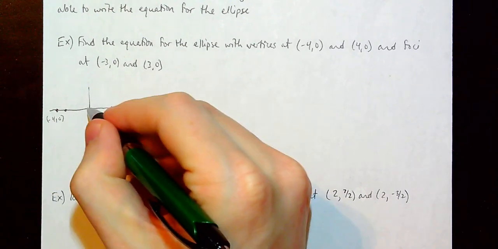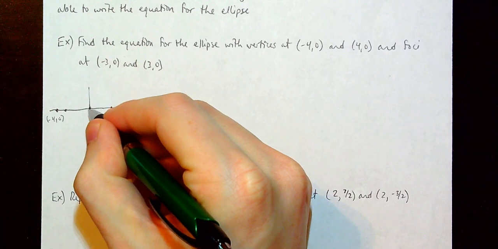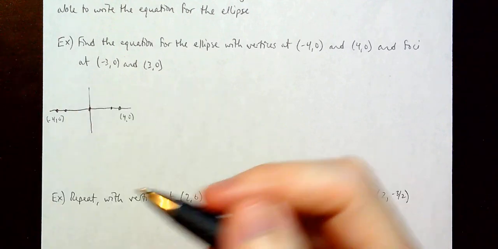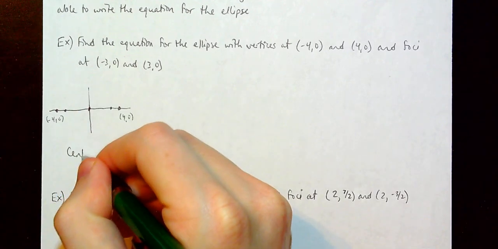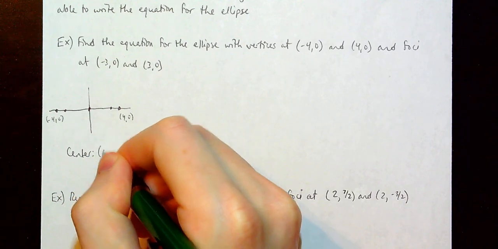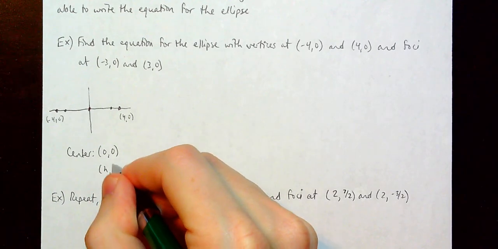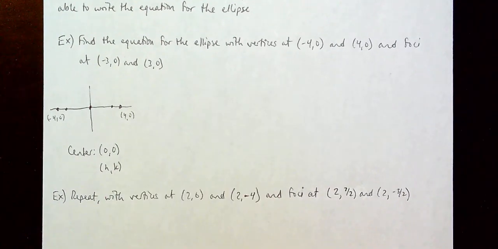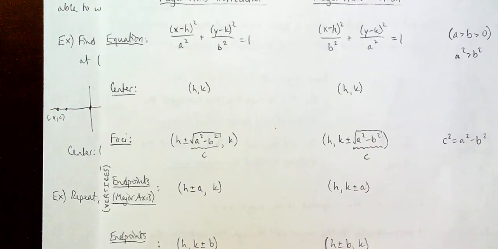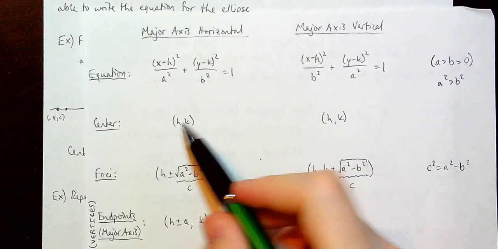It's easy to see that the midpoint is simply the origin, the point (0, 0). So that's the center, (0, 0), and we know that the center has the form (h, k). So h and k are both 0 here.